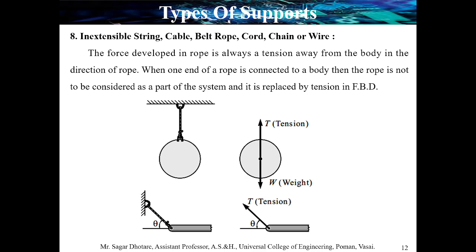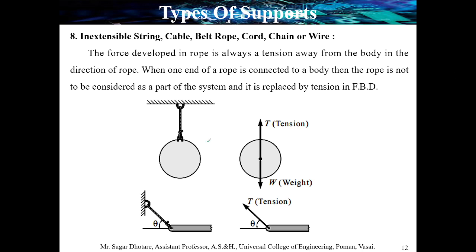In any case, we can use a string, chain or belt to provide a force, or to restrict the motion. When it is inextensible, it means that it should not change its length. In that case, we can directly use the reaction as a tension.